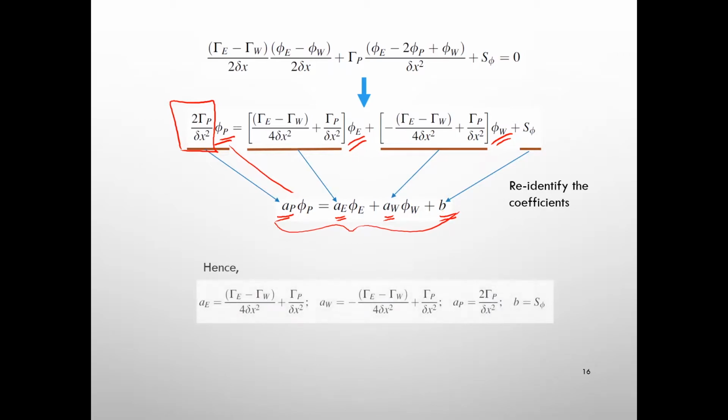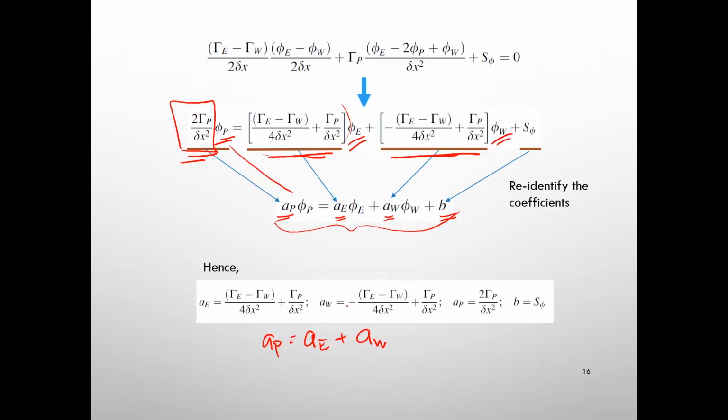So what we get is aE equals this one. This is your aE. And for aW it is this. And aP is this. And usually aP equals aE plus aW.